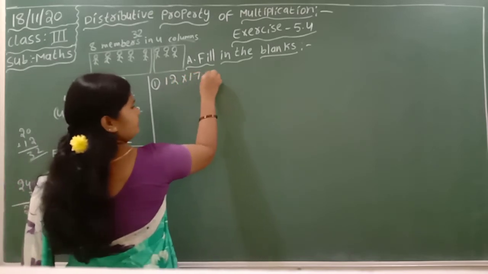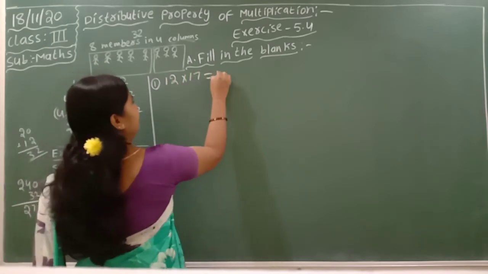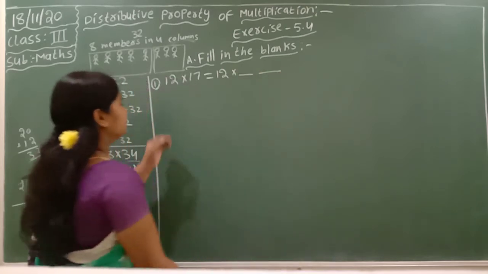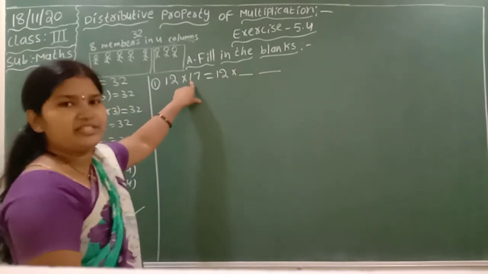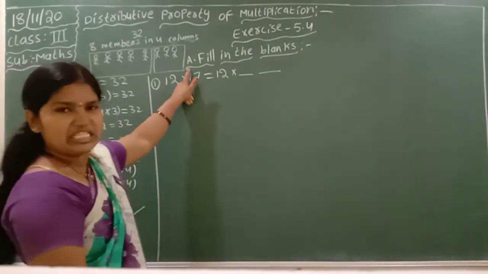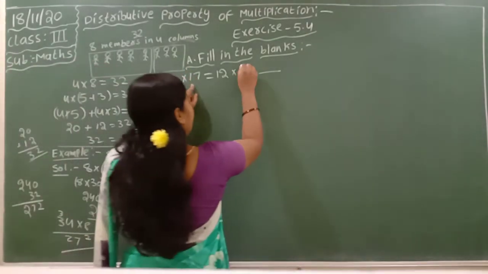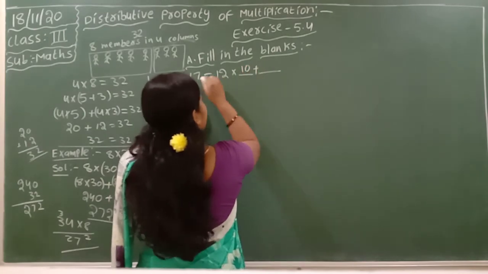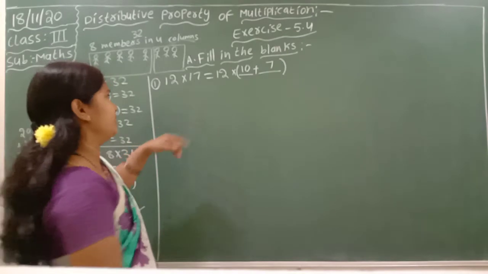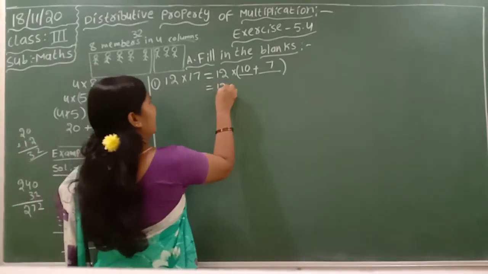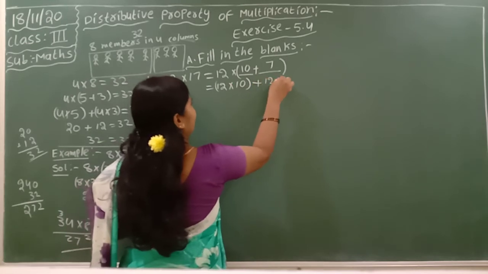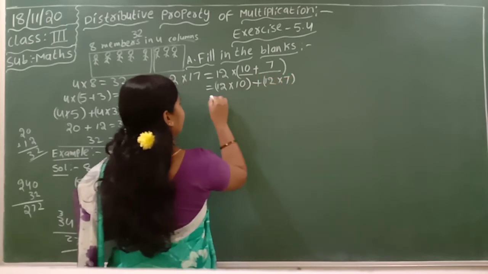Here they kept 12 like that only, and they gave a blank for this 17. 17 also I am separating like this. 1 is in tens place, so 10, plus 7 in ones place. Okay, like this. Now you can multiply 12 into 10 plus 12 into 7.